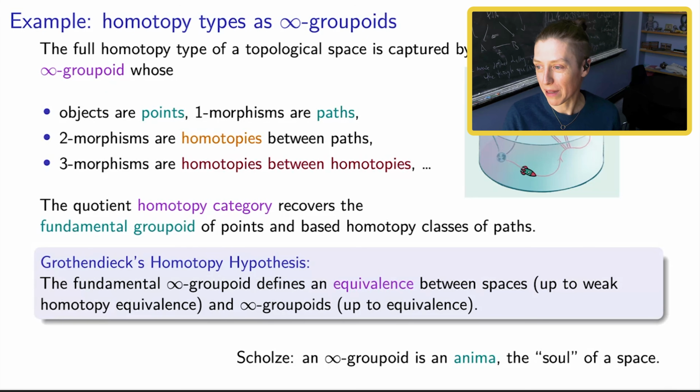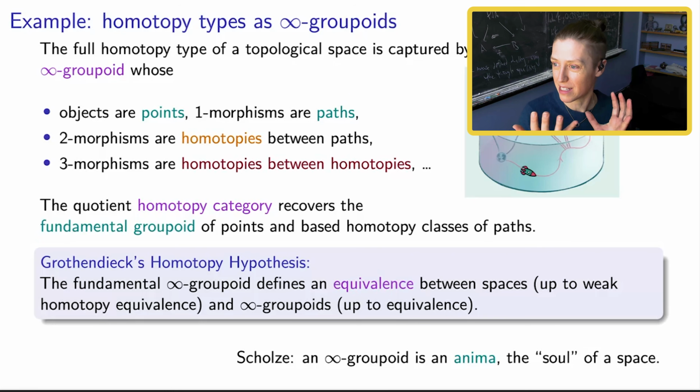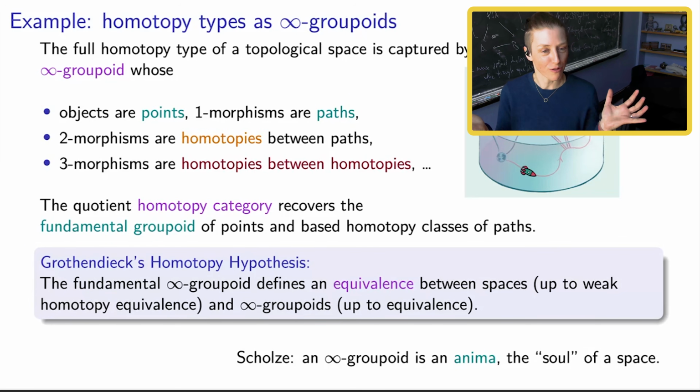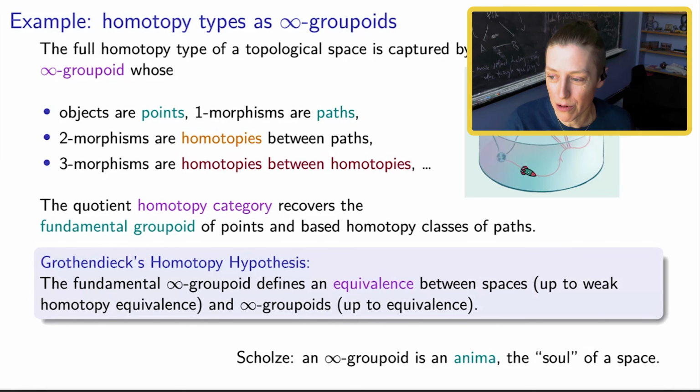But if we replace n-dimensional Euclidean space by the n-dimensional sphere, now all those homotopy types are distinct. So the one sphere or the circle is different from the two sphere, which is probably what you're thinking of when I say sphere, or the three sphere, the four sphere, the five sphere. All of those are different. And in fact, the homotopy types of the spheres are very complicated, and to some extent it's an open problem to precisely understand those homotopy types.